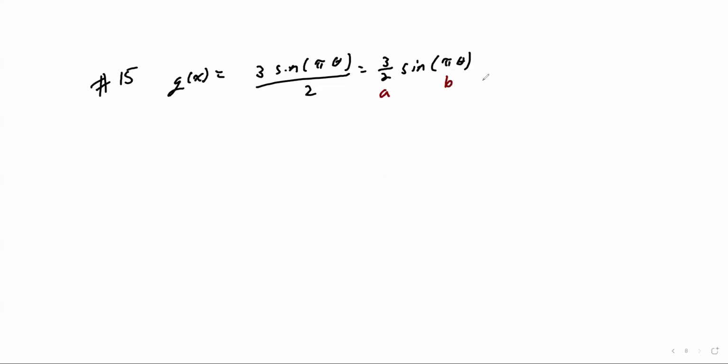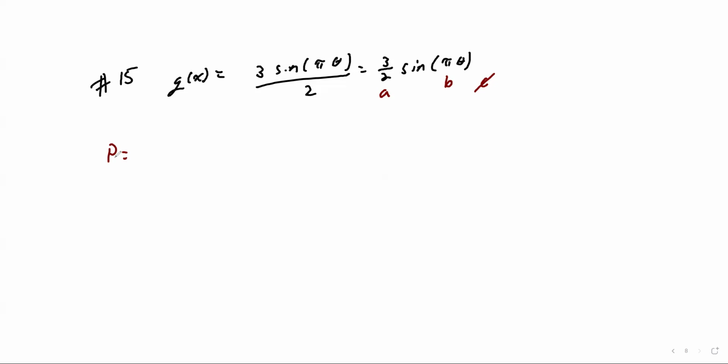Number 15 says g of x equals 3 sine of pi theta over 2. Now, you can rewrite this as 3 over 2 sine of pi theta. So when we're labeling our stuff, this becomes my A, this becomes my B, and then I have no C. So my period, is that the first one we're looking for?